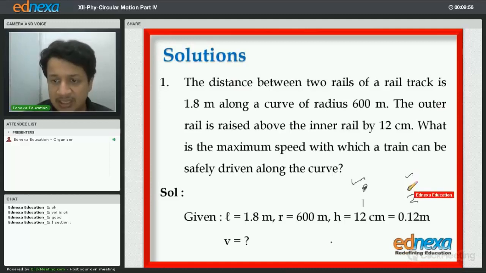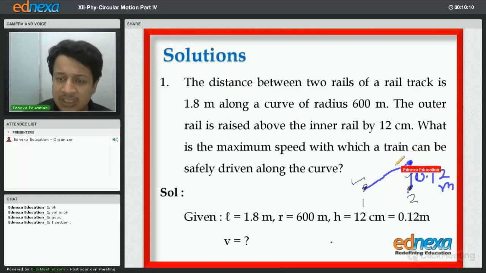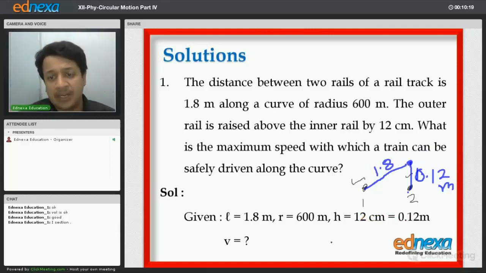So this rail is raised by 0.12 meter. And the distance between these two rails is also given to us, that is 1.8 meter. Further they asked, what is the maximum speed with which a train can safely be driven along the curved road? So we want to find the maximum speed.